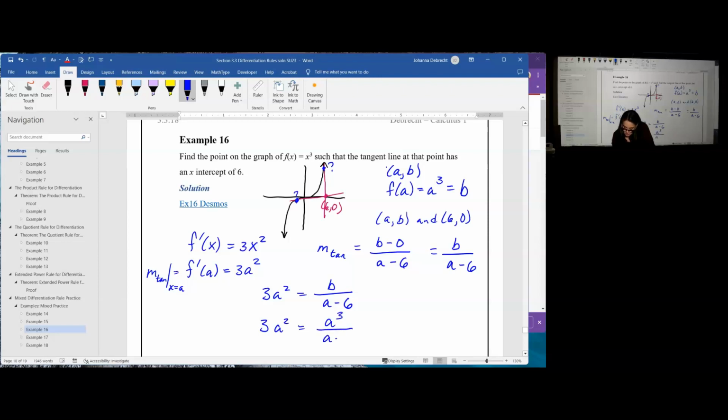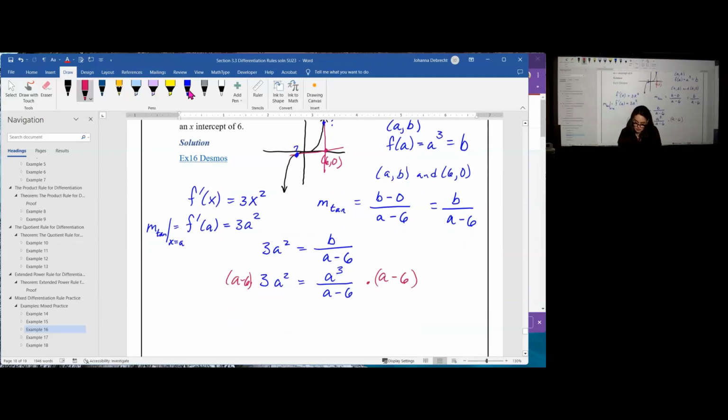Now, to solve this equation, the simplest thing to do is to multiply both sides by the denominator factor, a minus 6. This is going to result in the following equation. 3a squared times quantity a minus 6 becomes 3a cubed minus 18a squared. And on the right side, the a minus 6 is canceled to get a cubed.